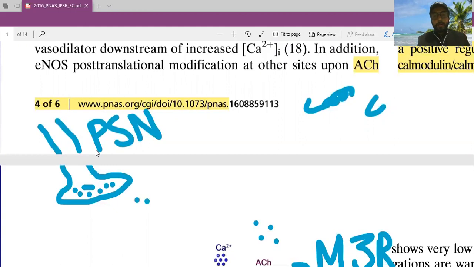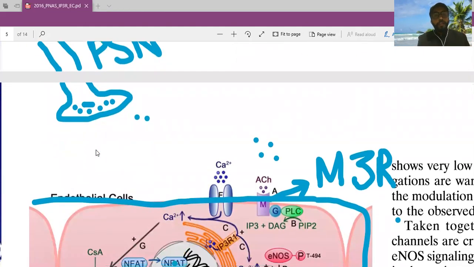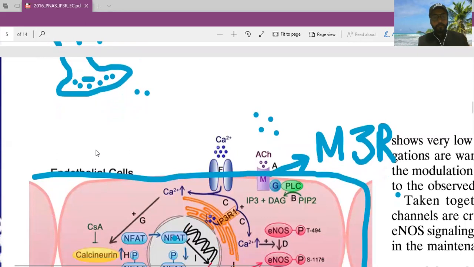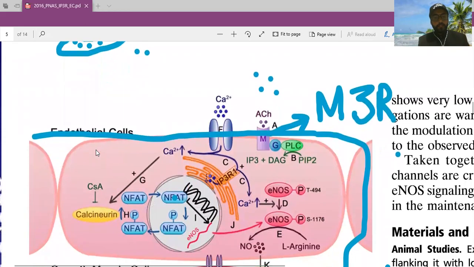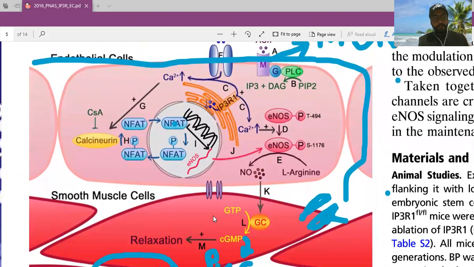Now we will see the molecular mechanics of acetylcholine, that is, how acetylcholine causes vasodilation. So let's suppose this is the endothelium of the blood vessel and this is the smooth muscle.